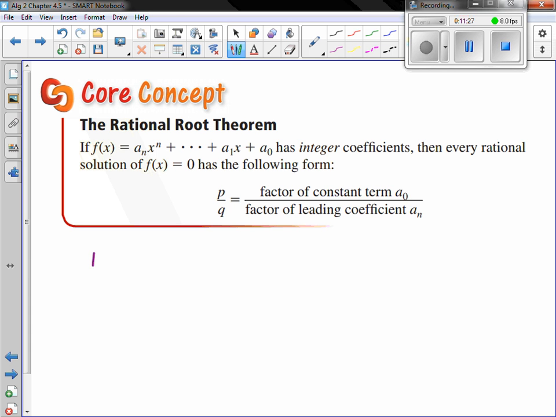So for the rational root theorem, I'd write plus or minus p over q, because this is what it is. If it has rational roots, they're going to come in the form of plus or minus p over q. And that's how we list them out.